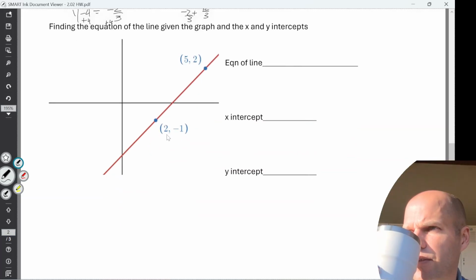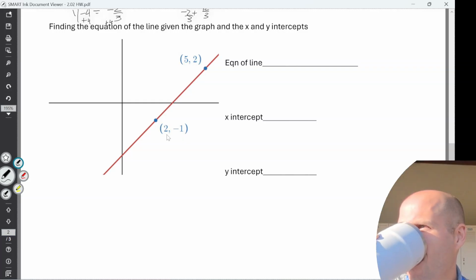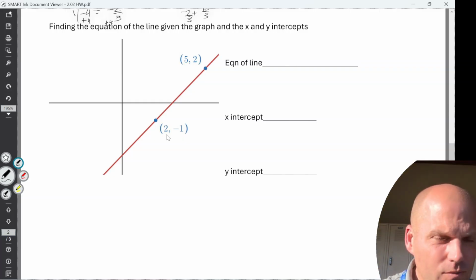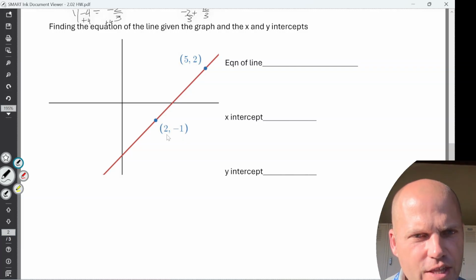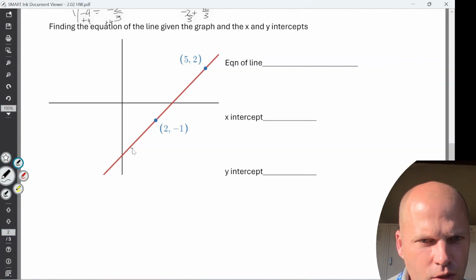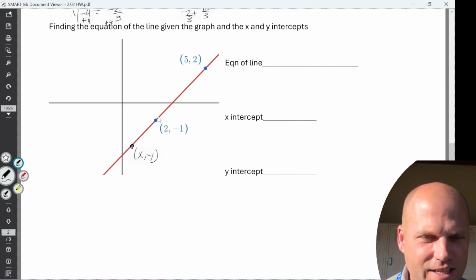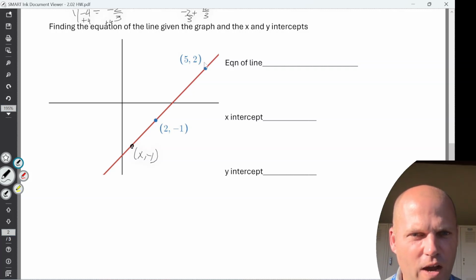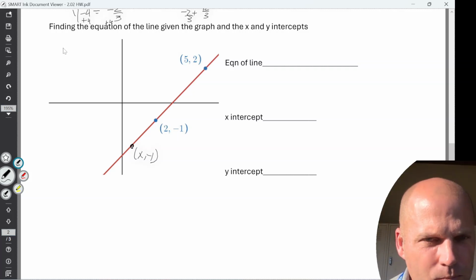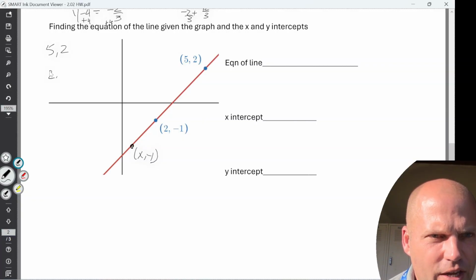The next questions, I give you 2 points. But you can see that I'm looking for all of the xy points that will follow the slope that connects and extends these 2 points from (5, 2) to (2, -1). Well, we got (5, 2), we got (2, -1).